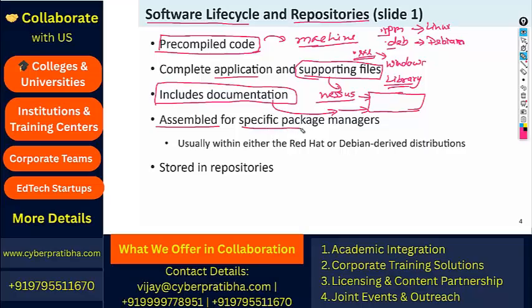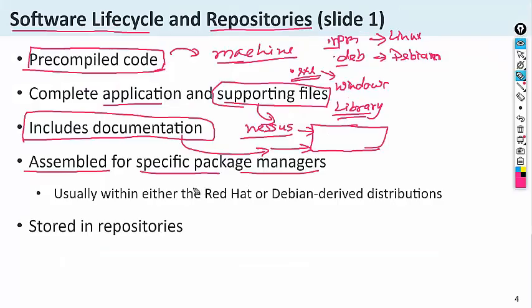Assembled for the specific package manager. So a specific package manager, I told you already: .rpm, .deb. These are the specific packages, some running on Red Hat distributions as .rpm packages, and some running on Debian derived distributions like .deb.